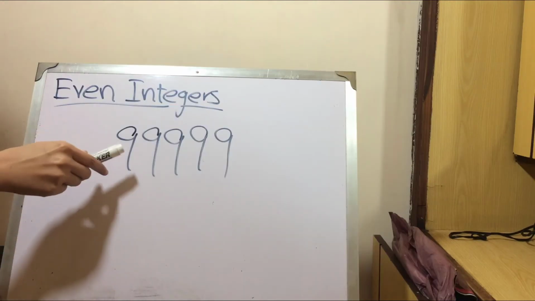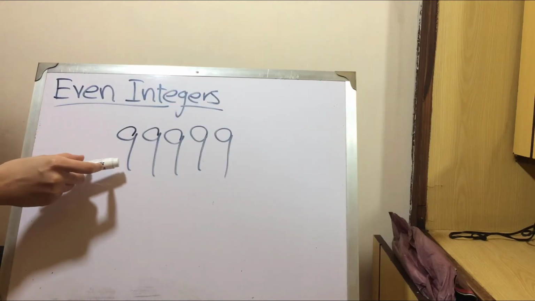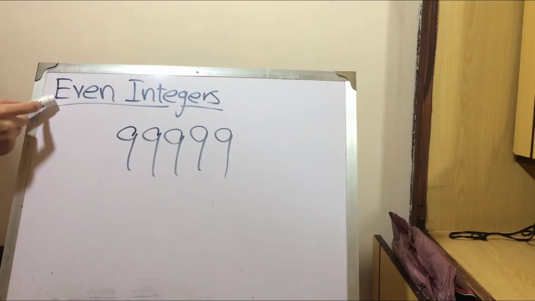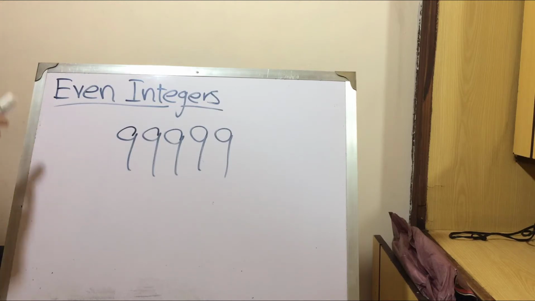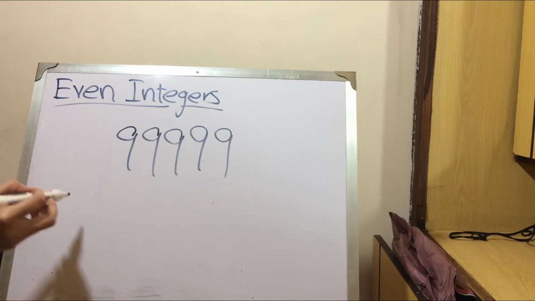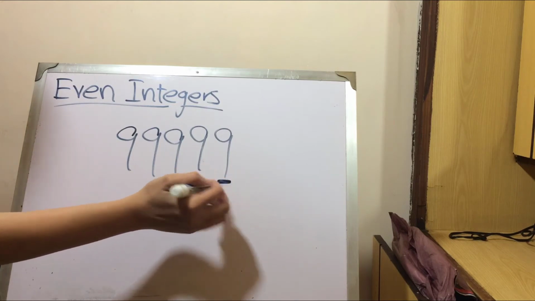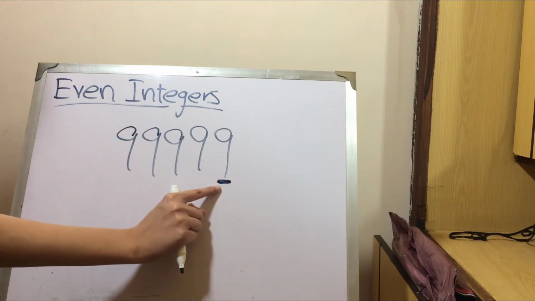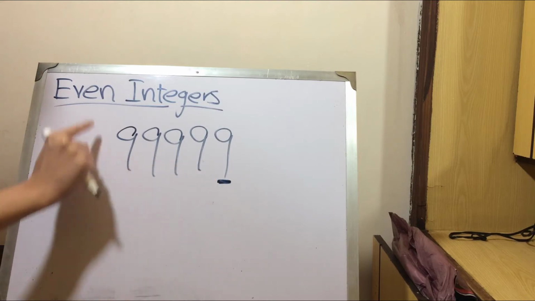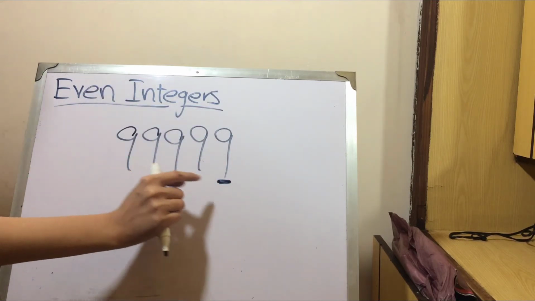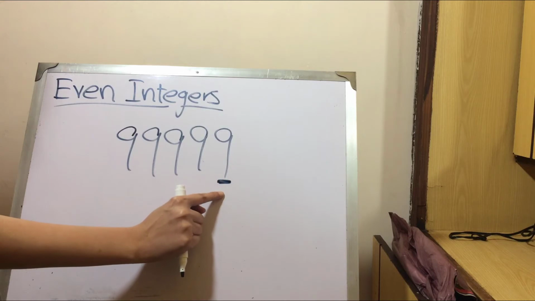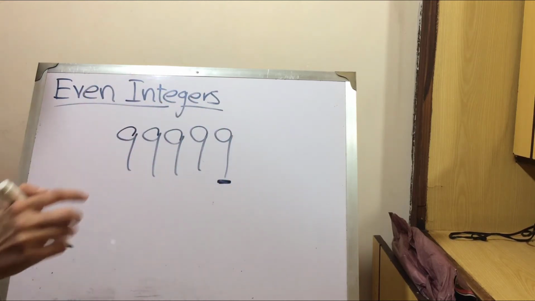For example, if we have this complex number and we need to find out whether this is an even integer or not without using a calculator, what is the easiest way to find out? You just need to see the last digit. If the last digit is an even integer, then this whole number is an even integer. And if the last digit is not an even integer, then this is not an even integer.